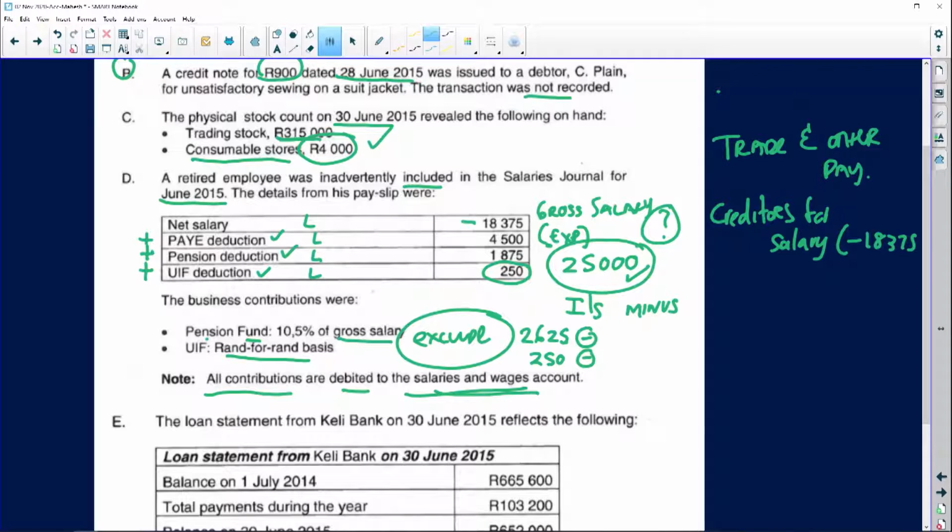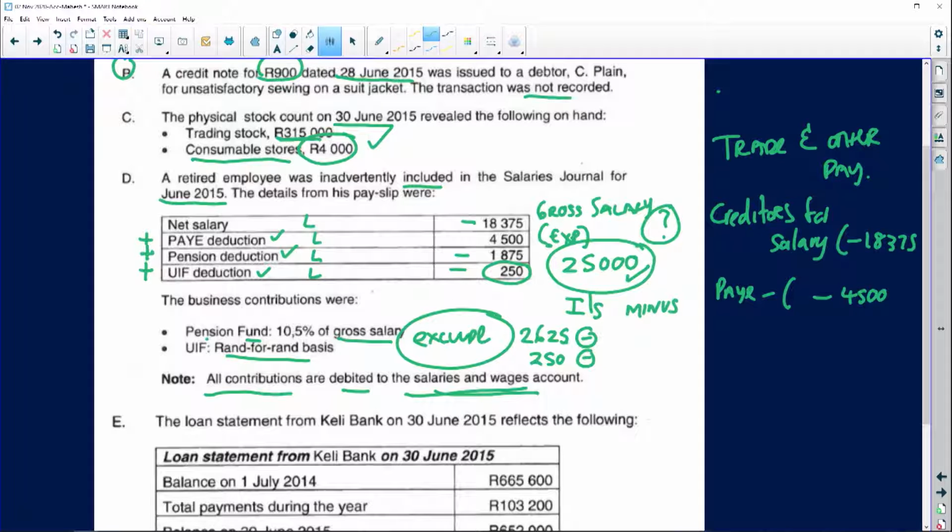Similarly, your PAYE deduction, which is also under trade and other payables, so PAYE, again, you would subtract 4,500 from the total that you brought down. Do the same for pension deduction, minus 1,875, and UIF, once again, you are subtracting.